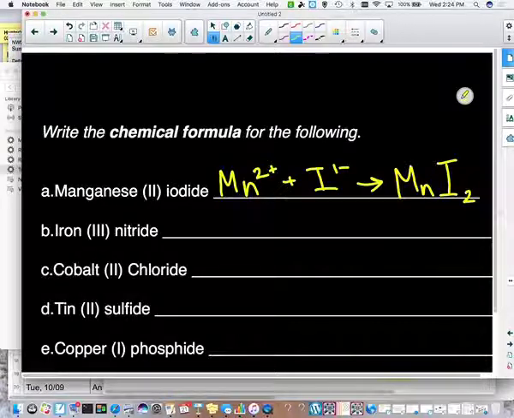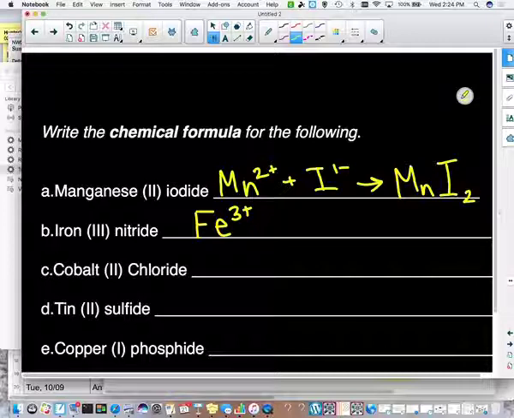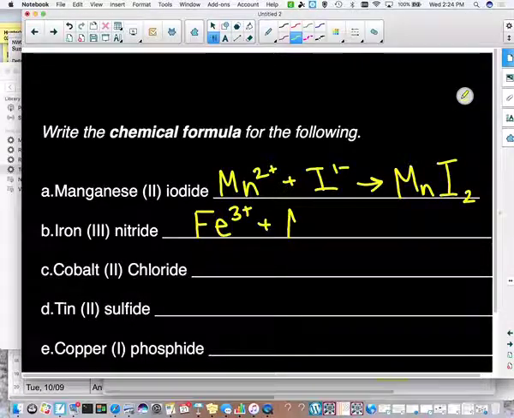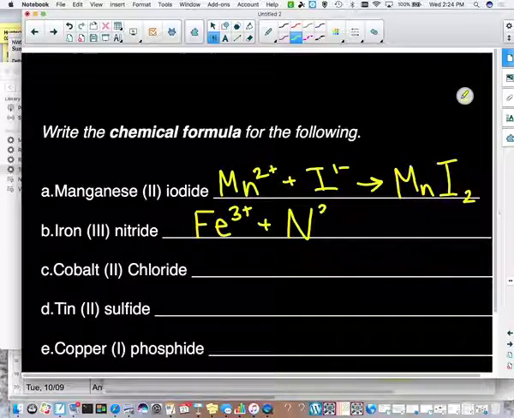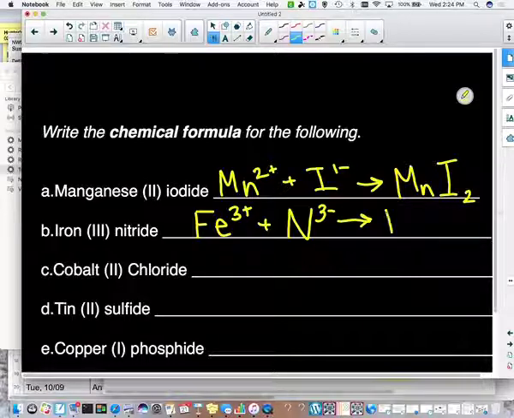Alright, letter B, iron is Fe, has a +3 charge. I'm adding that to nitrogen. Nitrogen has a -3 charge. It works. Charges are balanced. You notice that in the formula we don't have Roman numerals. You only use Roman numerals for the name only.